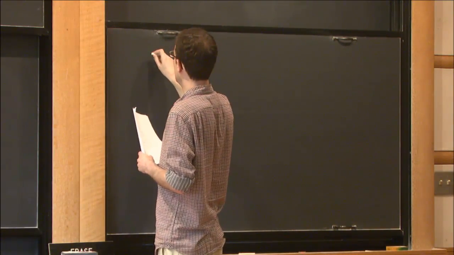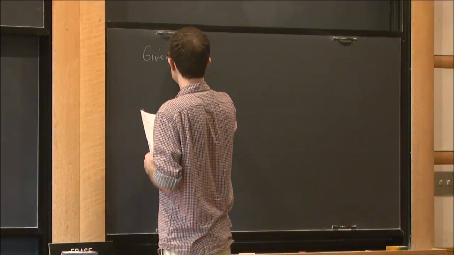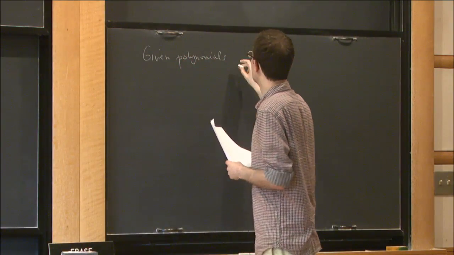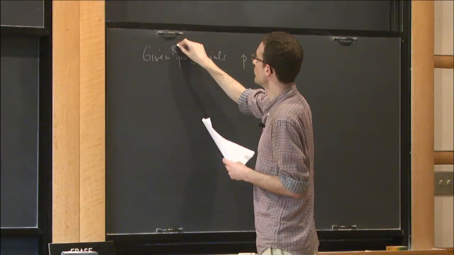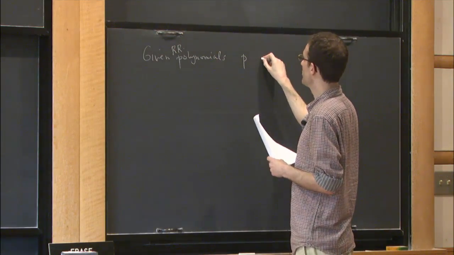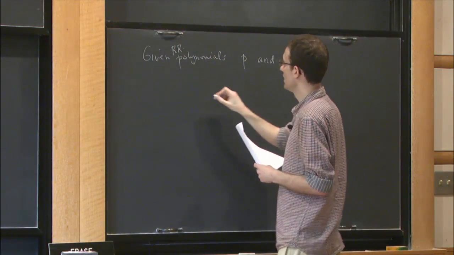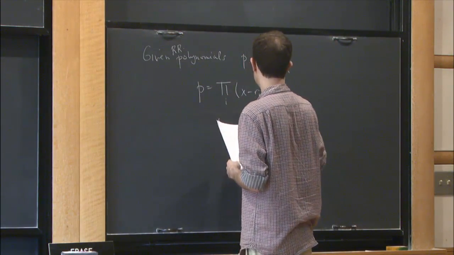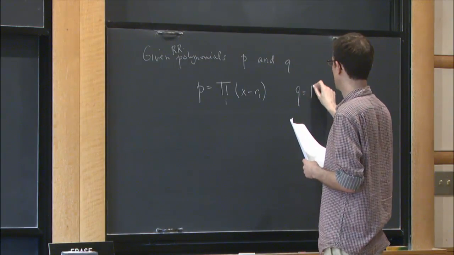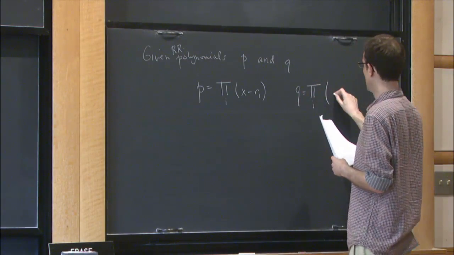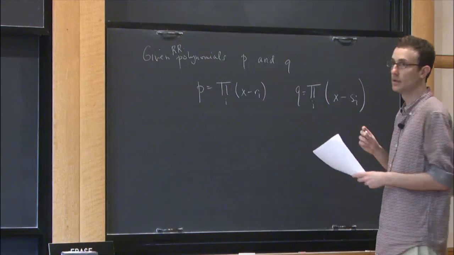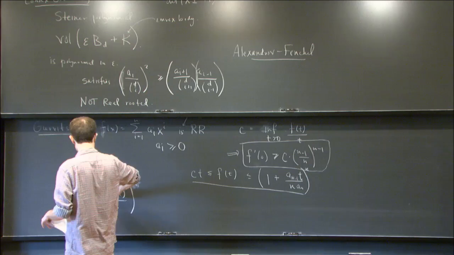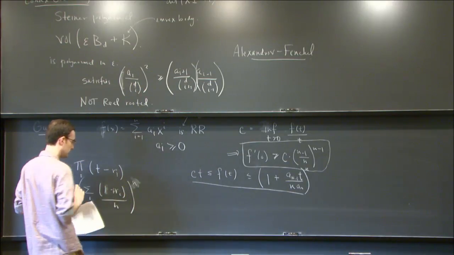So given real-rooted polynomials P and Q, where P is... I may have written it. You probably have to do it like this. Write it like this, probably.